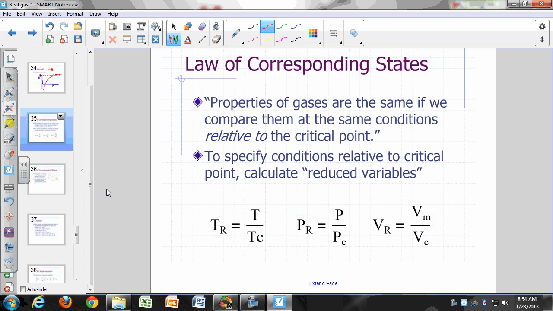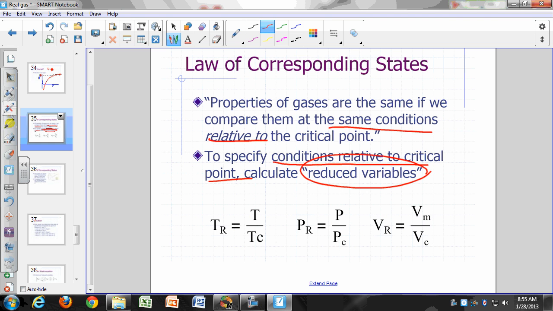The nice thing about gases is that if you compare them at the same conditions relative to the critical point, most gases will behave the same way. To specify conditions relative to the critical point, we calculate what are known as reduced variables.